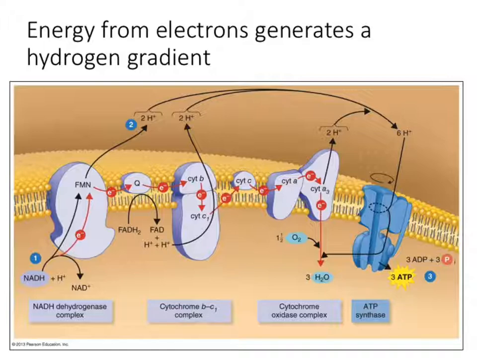Complex 2 is more electronegative than complex 1. What does that mean? And this goes back to the first lesson, Friday. That is true. FADH2, the electrons are a little bit lower energy.